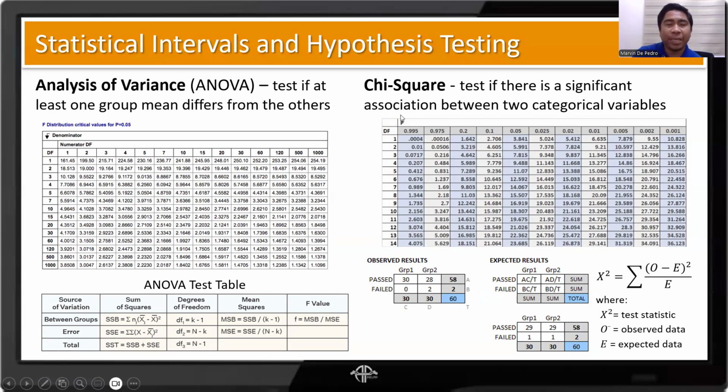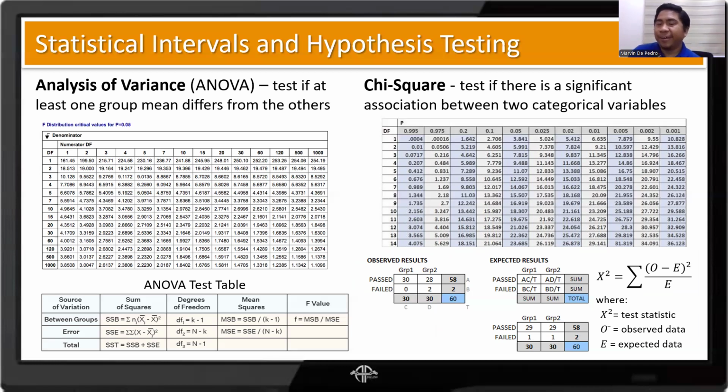So you have to get a copy of that, learn how to use it, and then you create this ANOVA test table wherein we solve for the SSB, SSE, SST, MSB, and MSE to come up with our F value. The F value, we will just check if it falls within our acceptance range. But if not, then we reject the null hypothesis. If we reject the null hypothesis, it means there's one that differs from the rest.